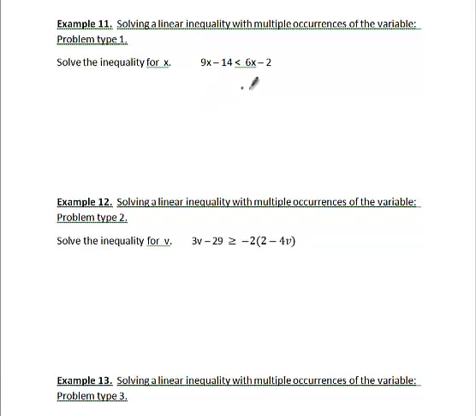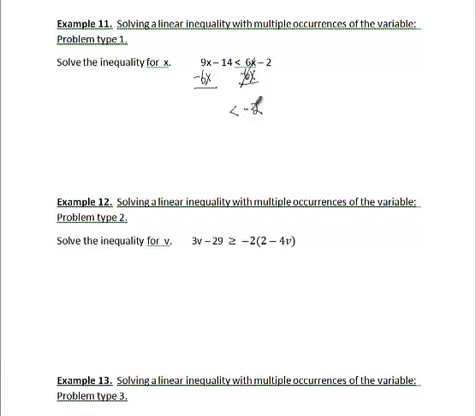So the first thing we want to do is to combine the like terms from the left and the right side, and since they are on opposite sides, we have to do the opposite of the sign of the number in front of the variable. So this is a plus 6x. To combine it with the 9x on the left, we have to subtract it. Plus, minus, opposite. So the 6x cancels on the right.